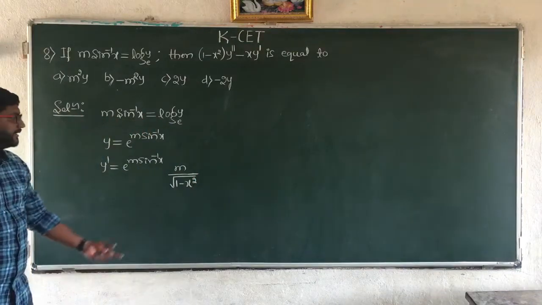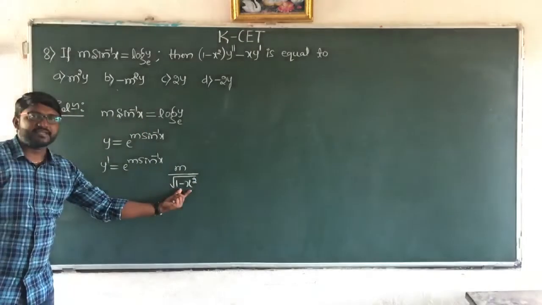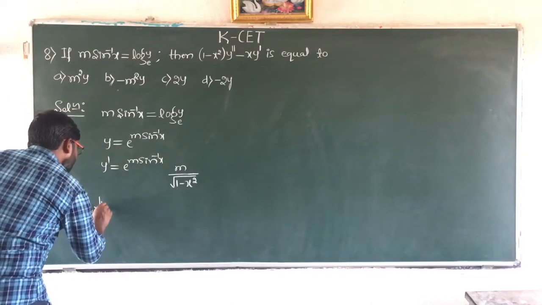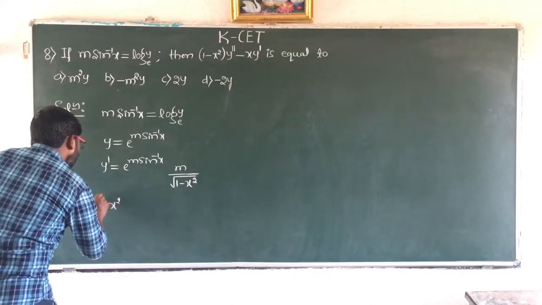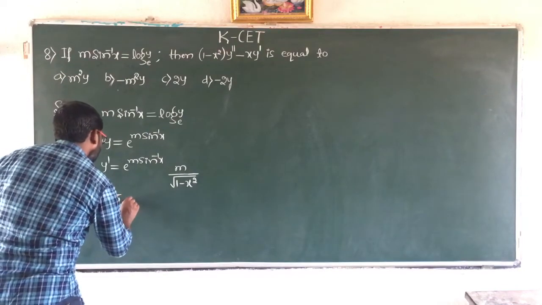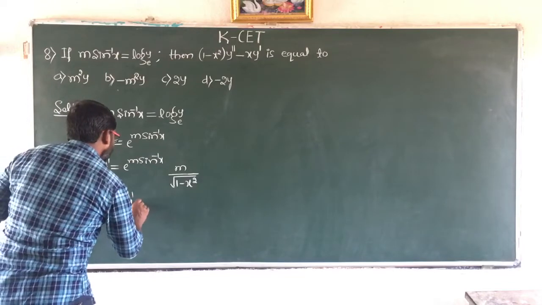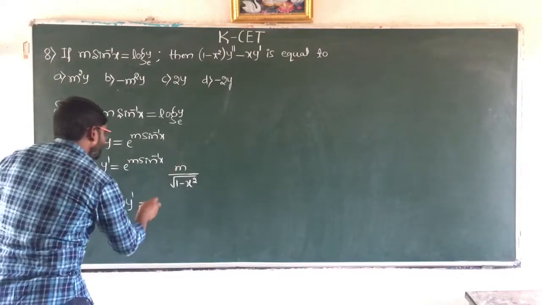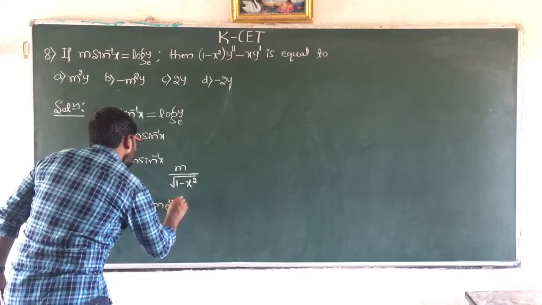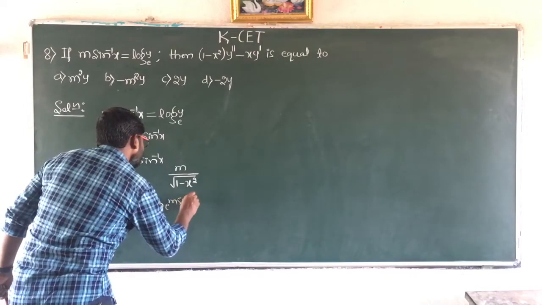Now in the next step, I take this under root 1 minus x square to the LHS. So we get root 1 minus x square into y dash, which is equal to m into e raised to m sin inverse x.